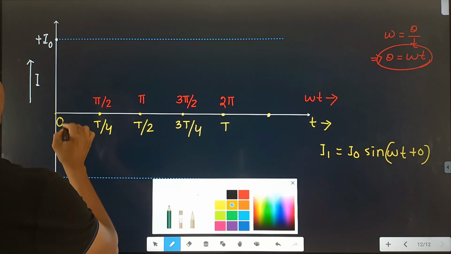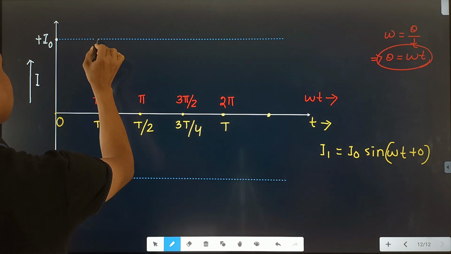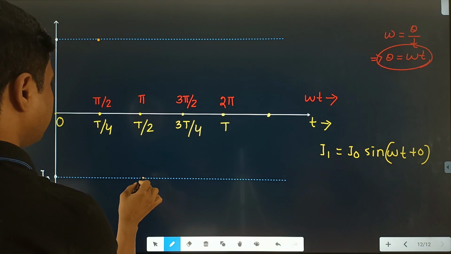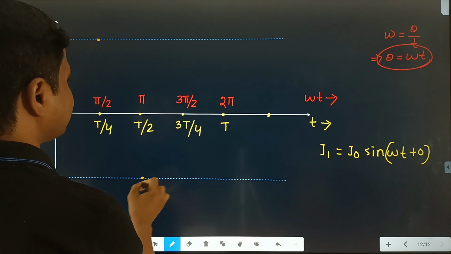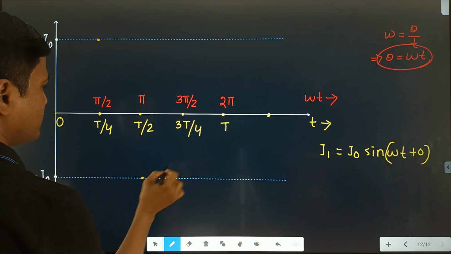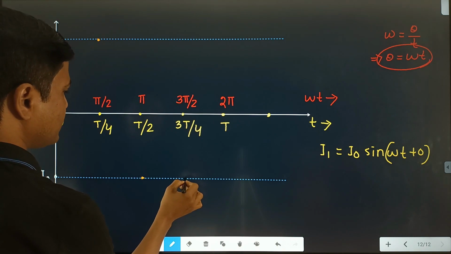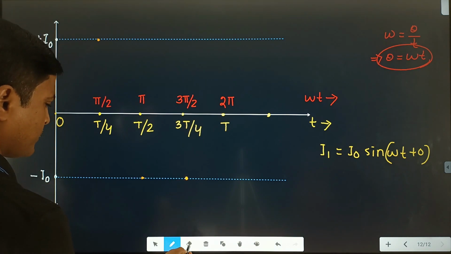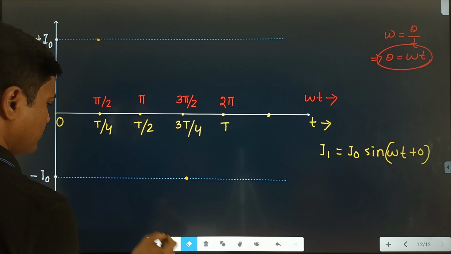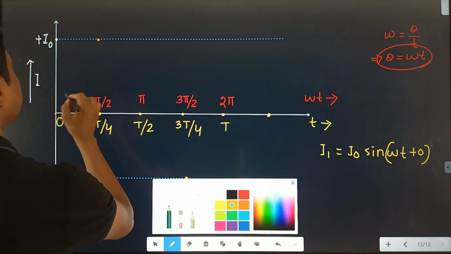First wave means for current I1, at this point, this is the maximum value on the positive side. This is the maximum value on the negative side, and we draw the graph.